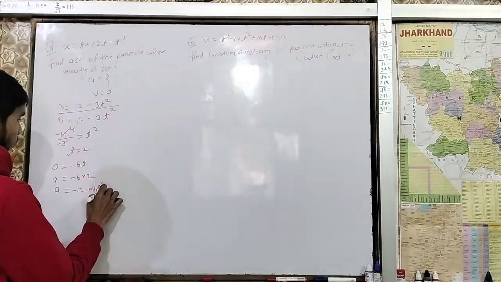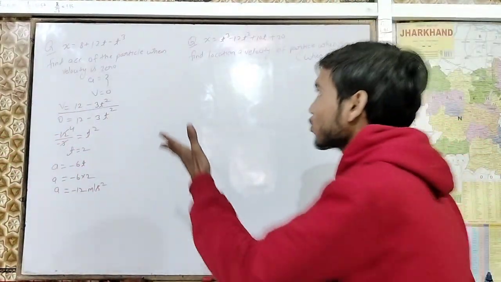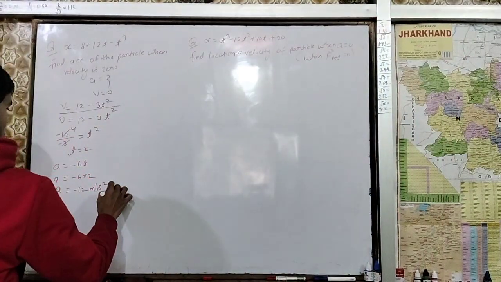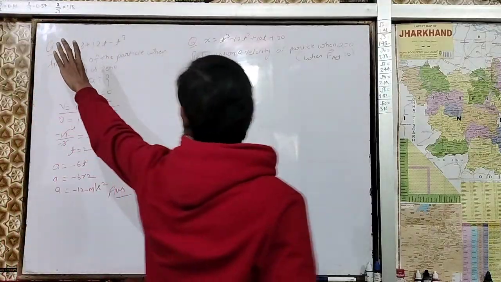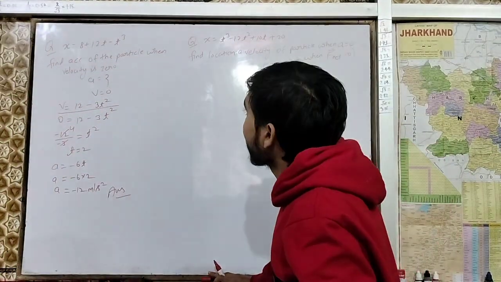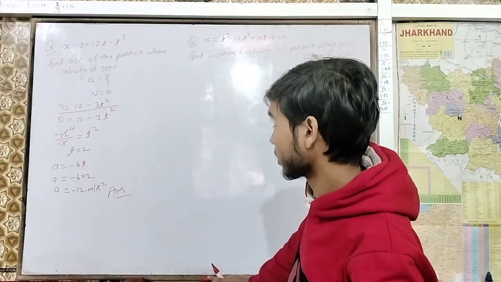Now tell me what will be the complete information for this equation? The complete information would be: there is a person whose location is x as 8 plus 12t minus t cube.